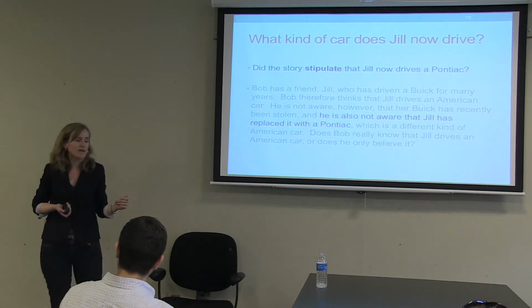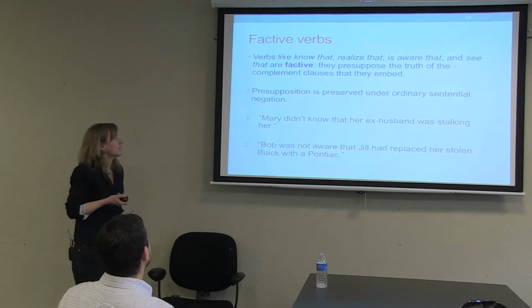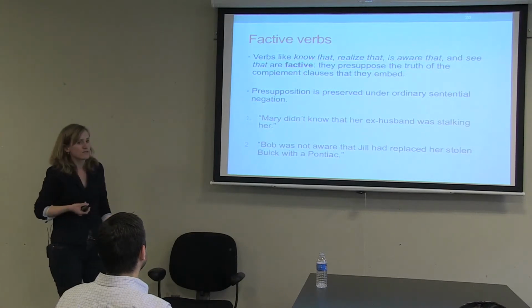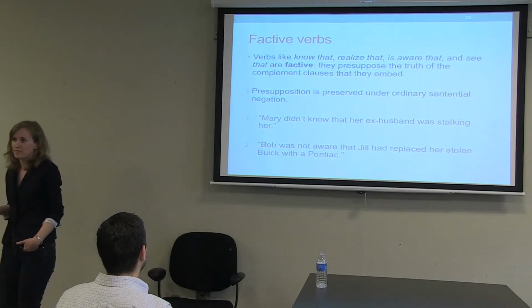And why is that? It's because, in fact, a very familiar point: know that, realize that, is aware that, those are all factive constructions, right? So they presuppose the truth of the embedded clause.